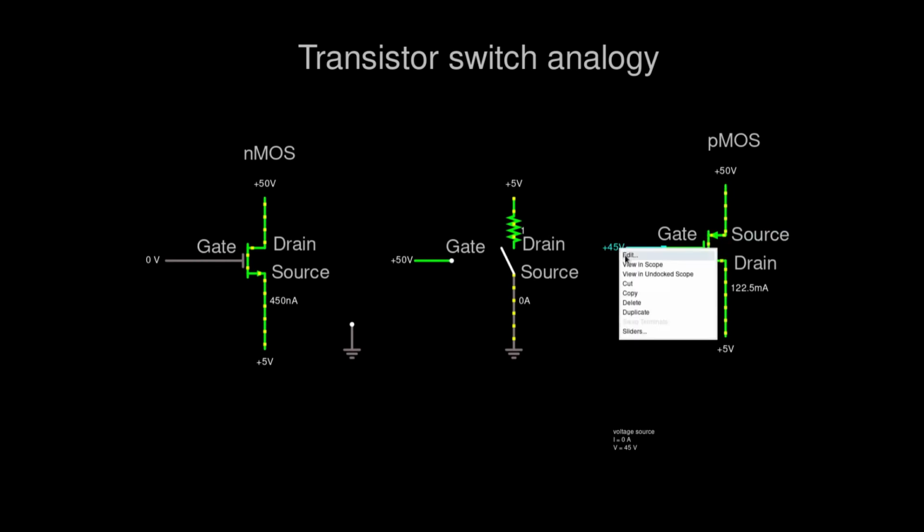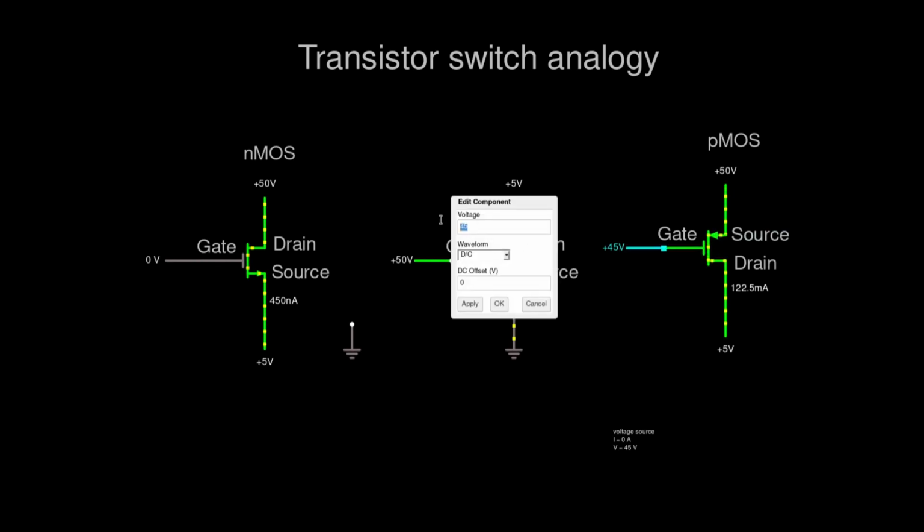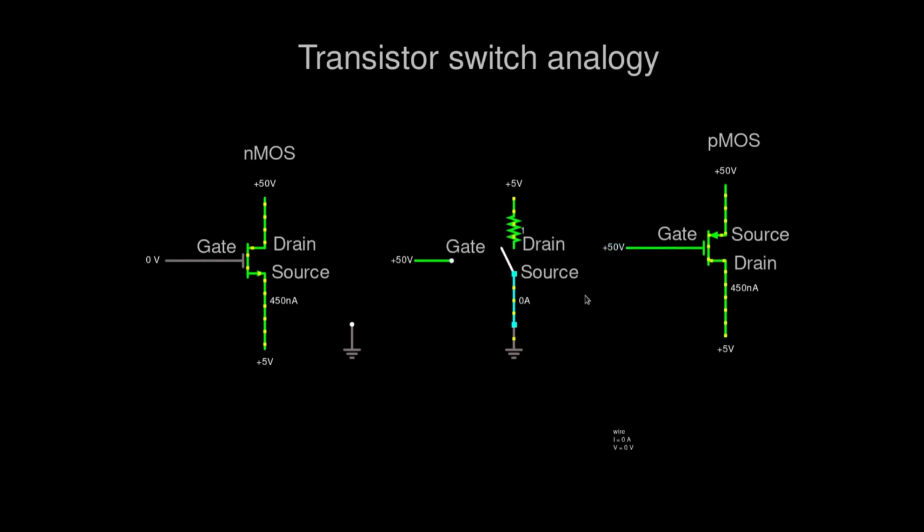If we don't apply any voltage, we get quote unquote low resistance, high conductivity, and if we apply voltage, let's say 50 volts, we can see it acts as an open circuit, sorta. We can see there's some nanoamps going through, but ideally it would be an open circuit.